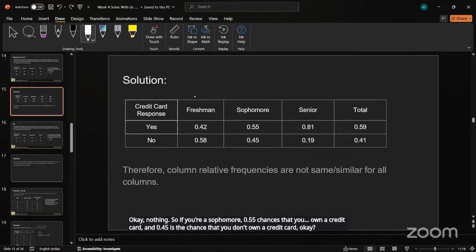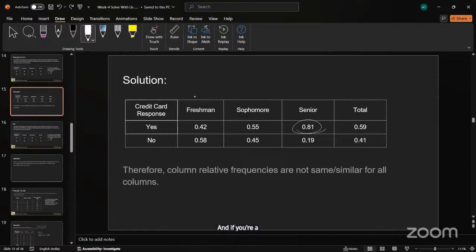And if you're a senior, there is a 0.81 chance that you own a credit card and a 0.19 chance that you don't own a credit card. So you can see the difference in the probabilities, right?